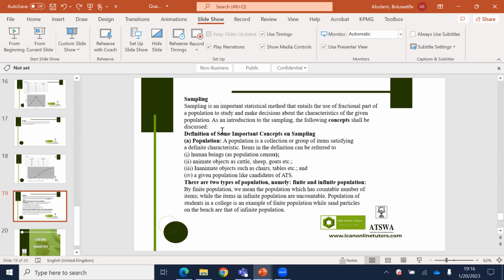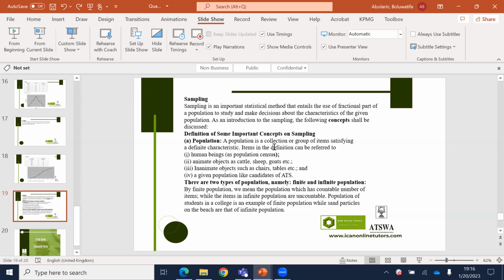So we want to discuss some important terms of sampling. The first one is population. Population is a collection of a group of items of definite characteristics. It's a whole group of items you want to know about, for example, the number of animals. Number of head count of human beings. How many people in Nigeria? For example, we have 15 million people.